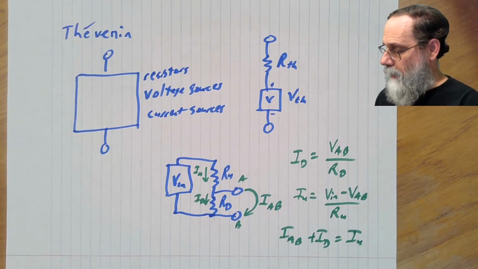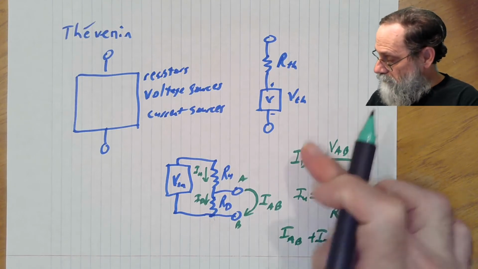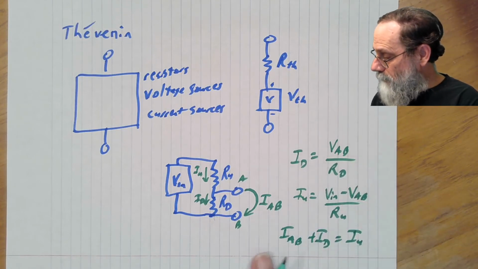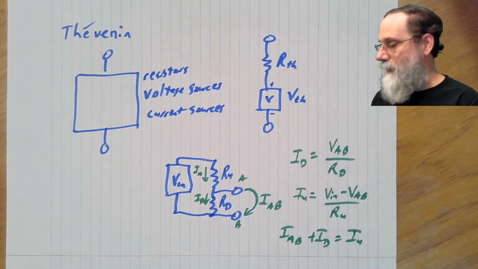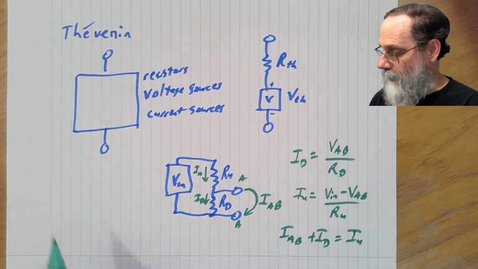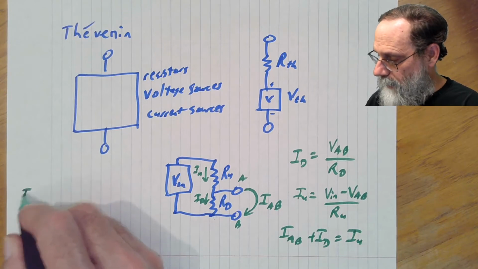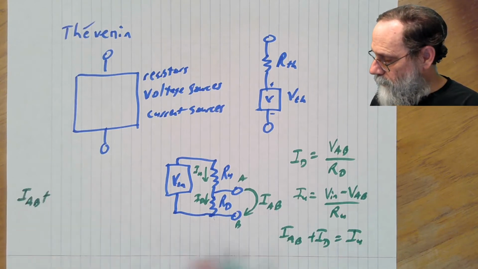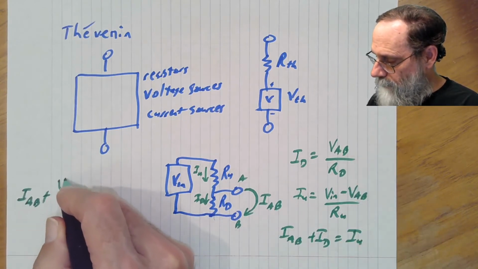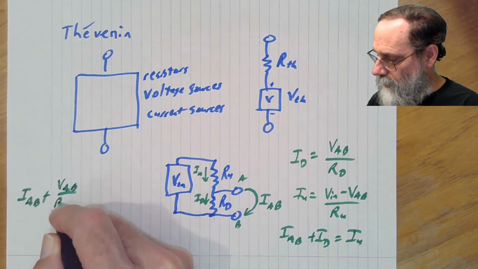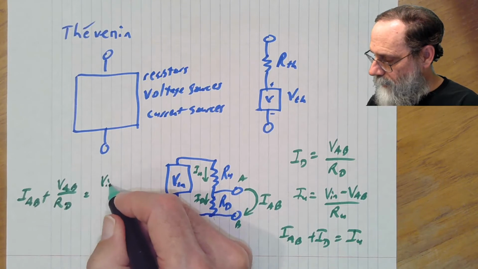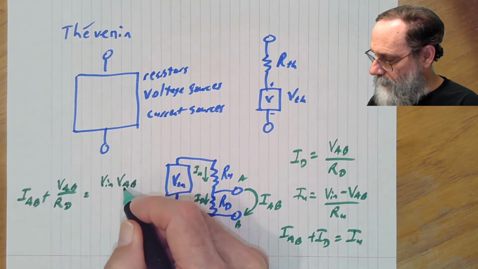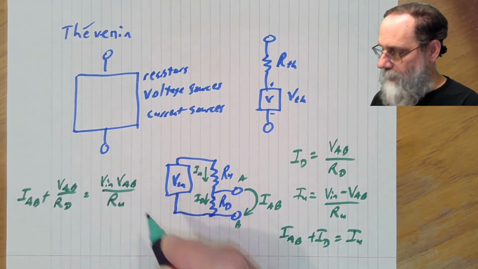Well, we can do some substitutions in here and put all three together to get rid of the ID and IU ones there and get IAB plus ID is VAB over RD equals VN minus VAB divided by RU.